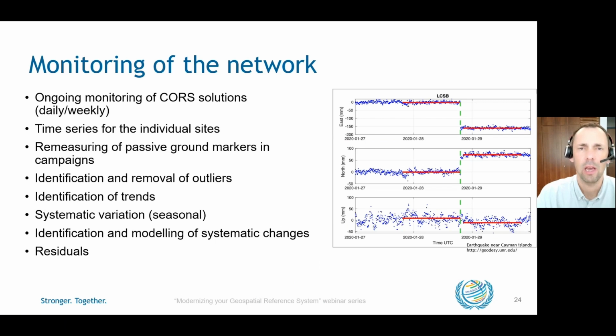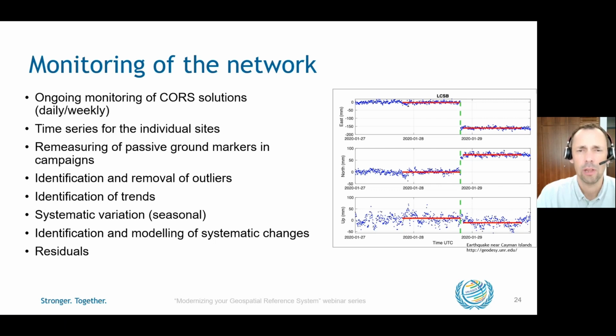To identify any changes in our static datum, we need to monitor the markers. This is usually done in different ways, either on a daily and weekly basis by active markers, or through remeasuring passive ground markers in campaigns. From the observations of the continuously operating reference stations, so-called CORS, we can create a time series.